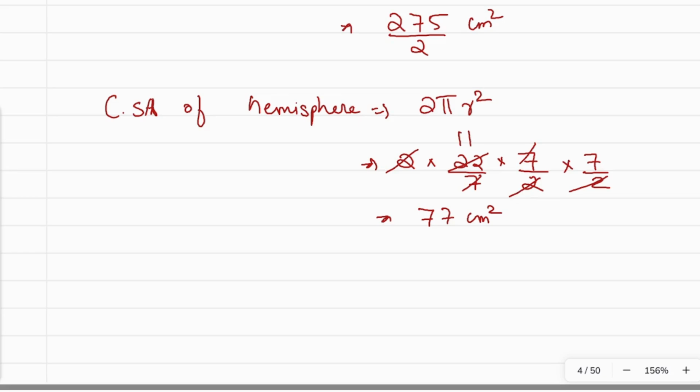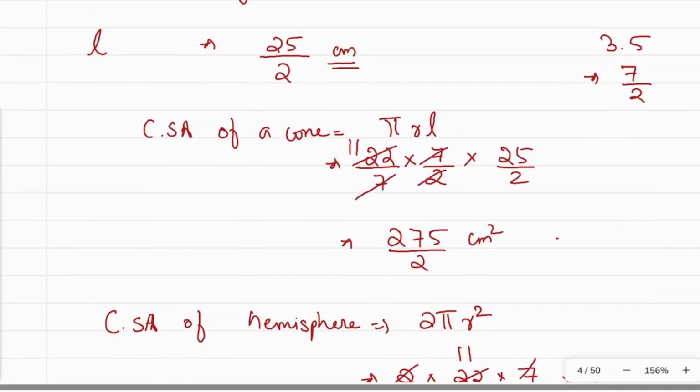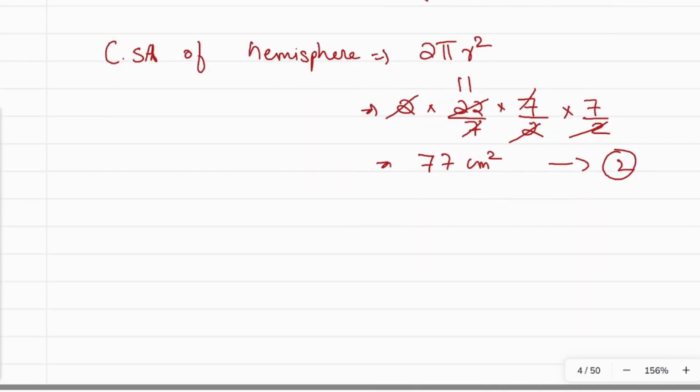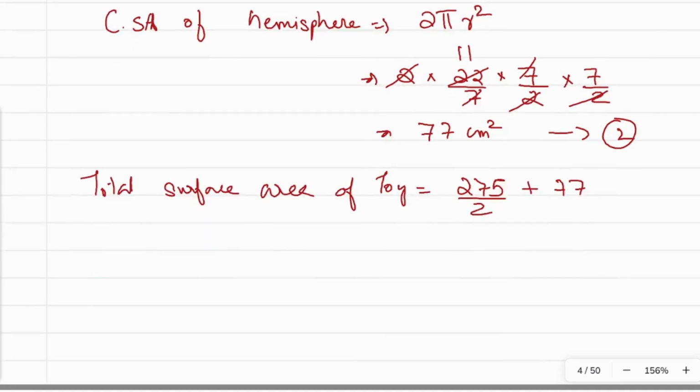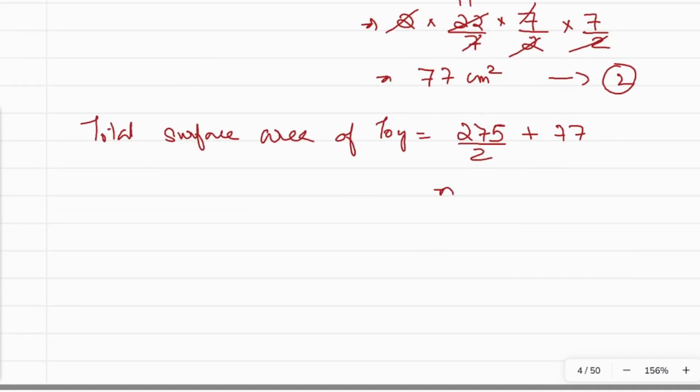Now what do I have to do? I need to add these. Let this be equation number 1 and let this be equation number 2. In order to find the total surface area, the total surface area of the toy is equation 1 plus equation 2. It is 275 by 2 plus 77.